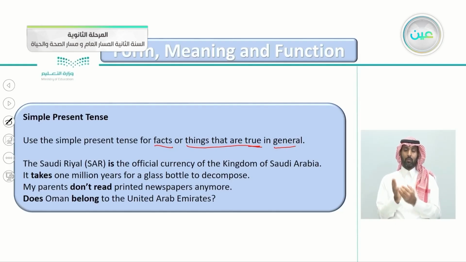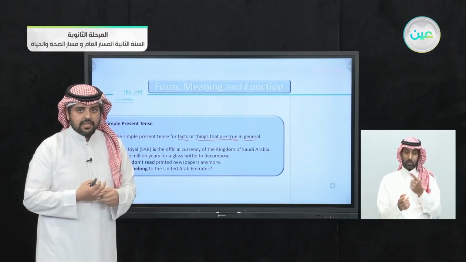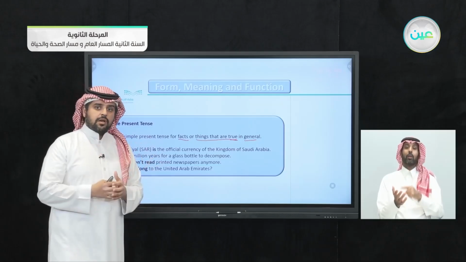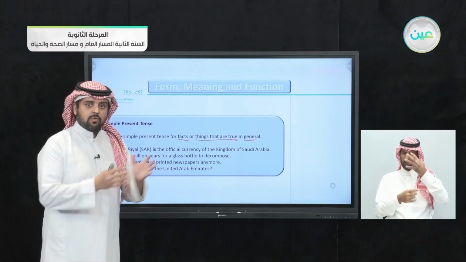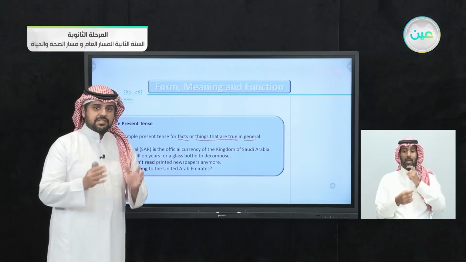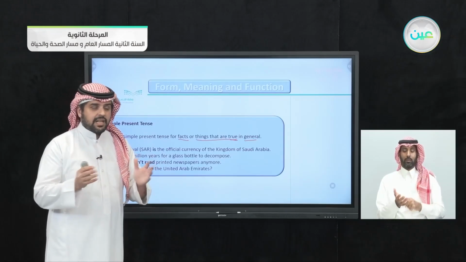So again, we use the simple present tense for facts or things that are true in general. Facts like when you say water boils at 100 degrees Celsius. This is the present simple because it's a fact, a general truth.